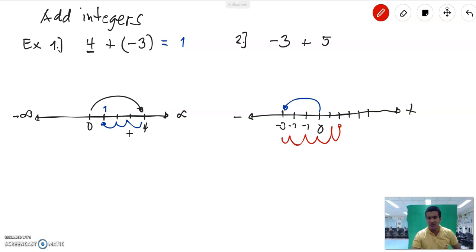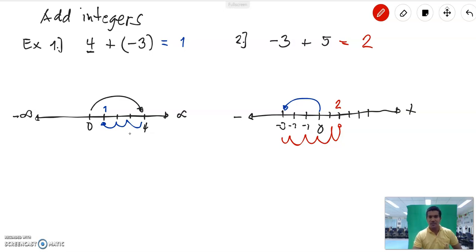So what is this value? From 0, we get positive 2. So therefore, negative 3 plus 5 will be equal to positive 2. Okay? In the line graph, we can easily determine what will be the sign of the result. When you add two integers with different signs, we know already what will be the resulting sign.